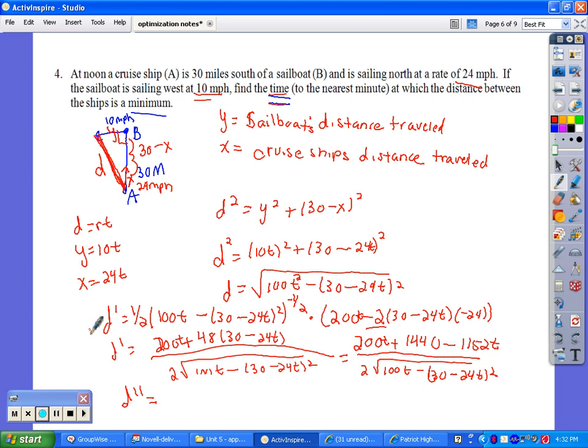So the derivative is negative 952t plus 1440 is equal to 0. And then we solve it. So I get t is equal to 1440 divided by 952. So t, our minimum time, is 1.5126.